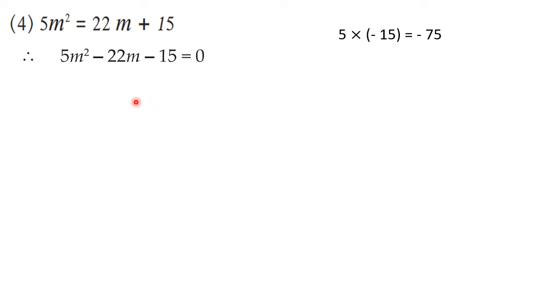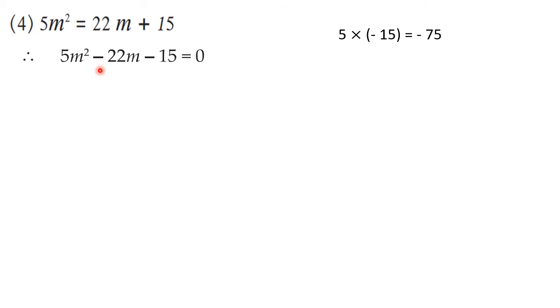Now we have to decide here the sign of the bigger number. So here the bigger number is going to be negative because the middle term is negative. When we have a plus sign, both the numbers have the same signs. But when we have a negative sign, one is positive and the other is negative. So the bigger number's sign we have to decide by observing the middle term.